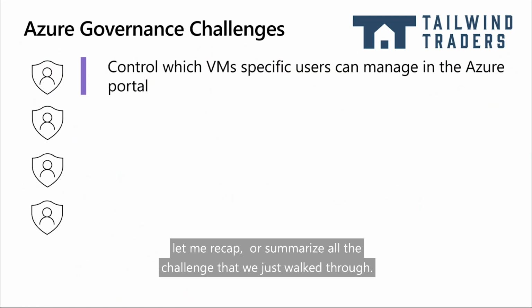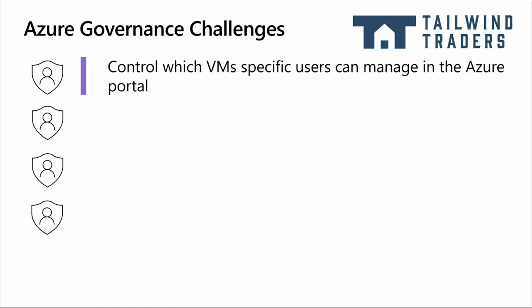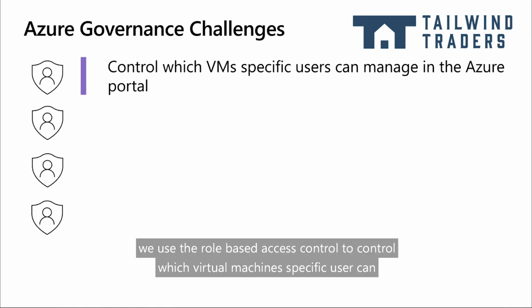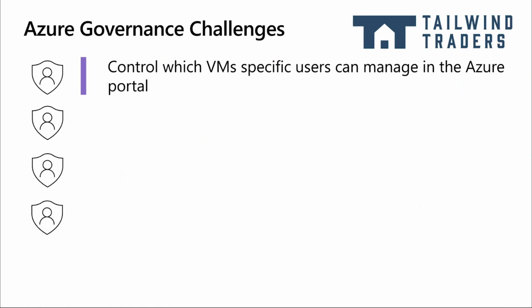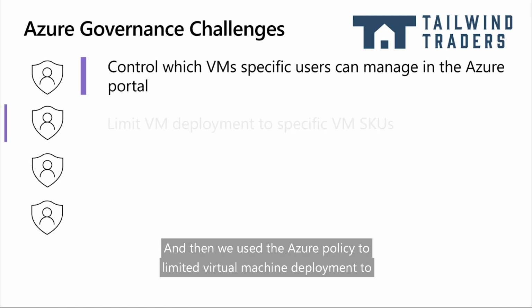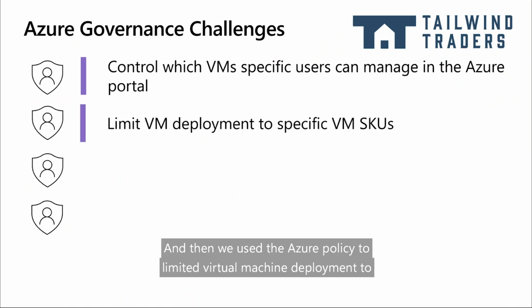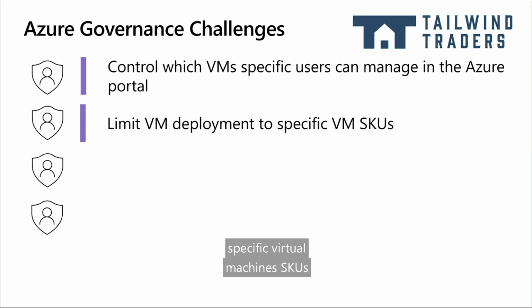So let me recap or summarize all the challenges that we just walked through. The first challenge is we use the role-based access control to control which virtual machines a specific user can manage in the Azure portal. And then we use the Azure policy to limit the virtual machine deployment to specific virtual machine SKUs.